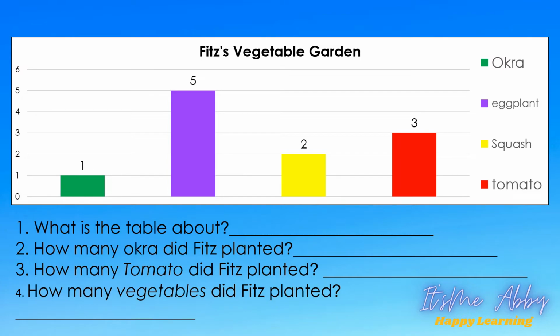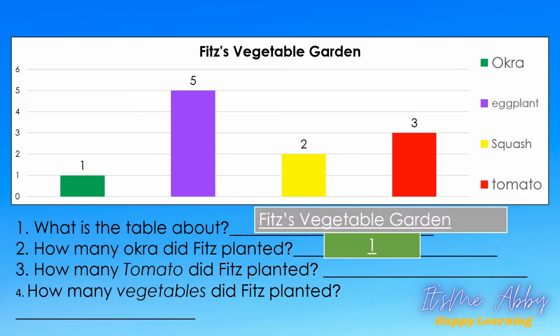What is the table all about? Can you answer? So the answer is Fritz's Vegetable Garden. How many okra did Fritz plant? It is only one.